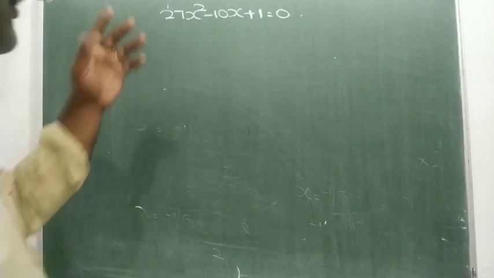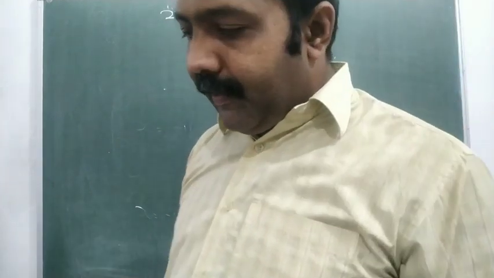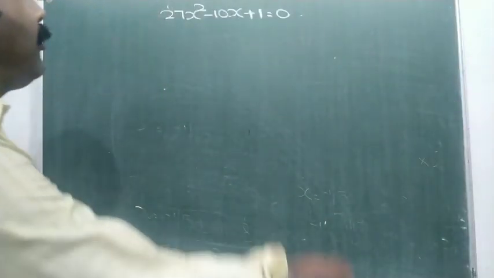Okay, our next question is 27x square minus 10x plus 1 is equal to 0.